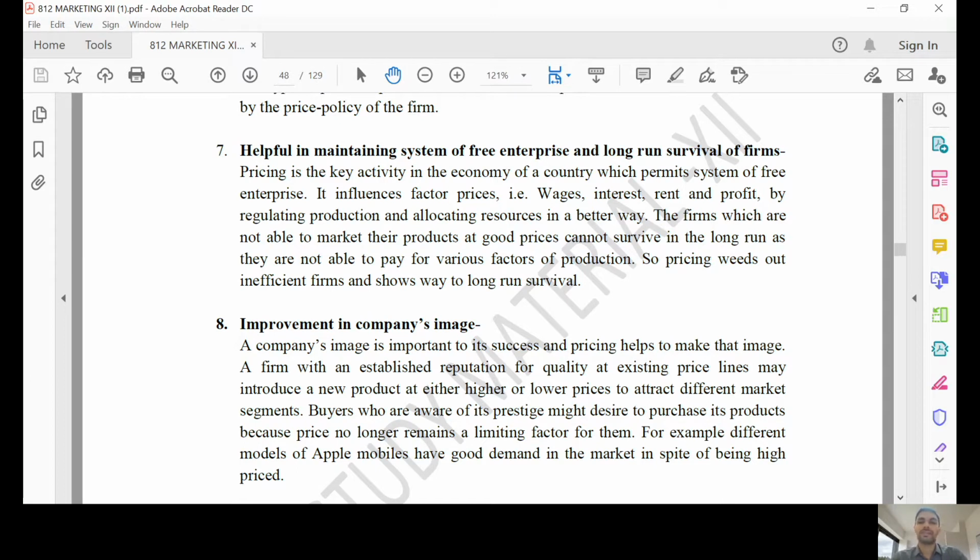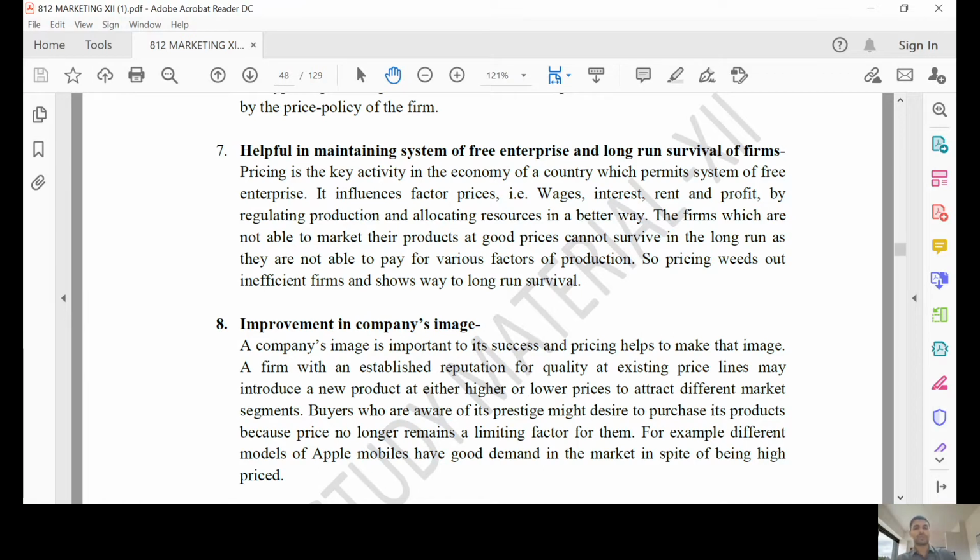And also the price helps maintain free enterprise, a system of free enterprise. So the factor prices like wages, interest, rent and profit can be regulated, and the resources can be allocated in the best way, isn't it? So the company which is marketing products and services is also contributing to the economy of the country.